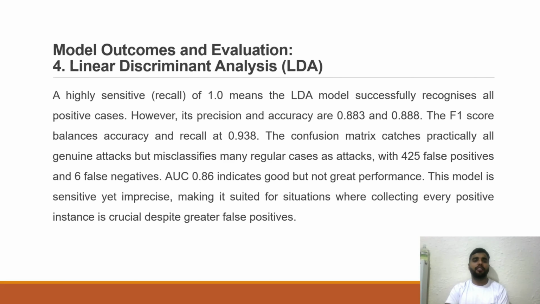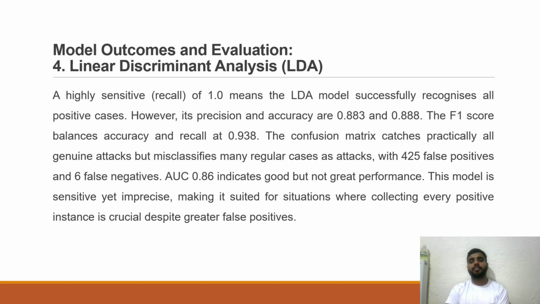The fourth one is linear discriminant analysis. A high sensitivity of 1.0 means the LDA model successfully recognizes all the positive cases. However, its precision and accuracy are 0.88 and 0.888. The F1 score balances precision and recall at 0.93, which is slightly different to the others.